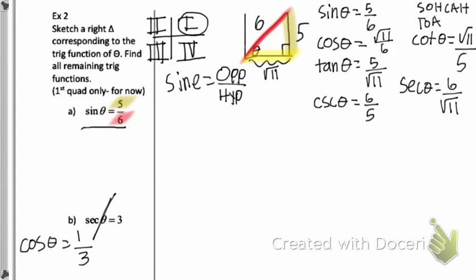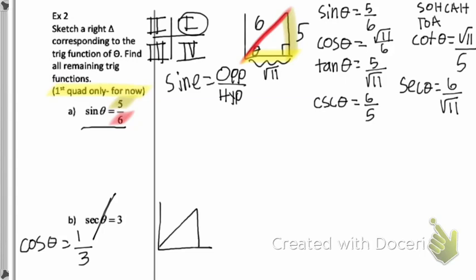Now let's sketch it out. As I forgot to mention earlier, it says over here first quadrant only. So that means first quadrant. So both of these fractions are supposed to be in the first quadrant. So cosine of theta.